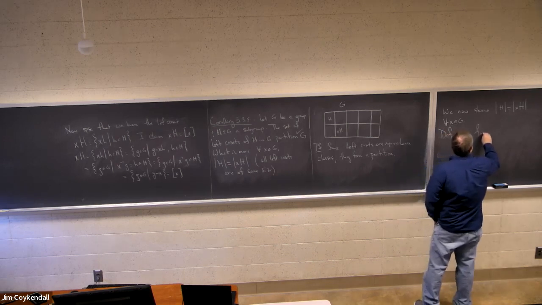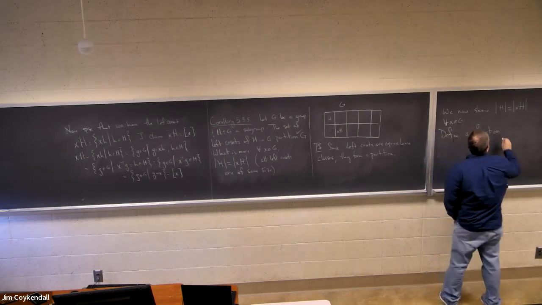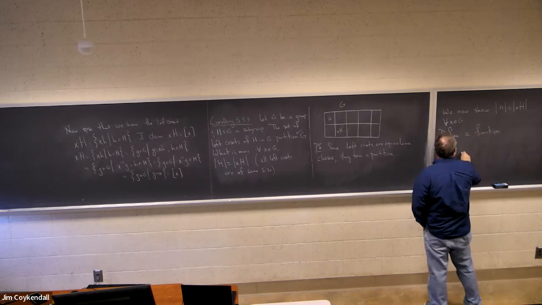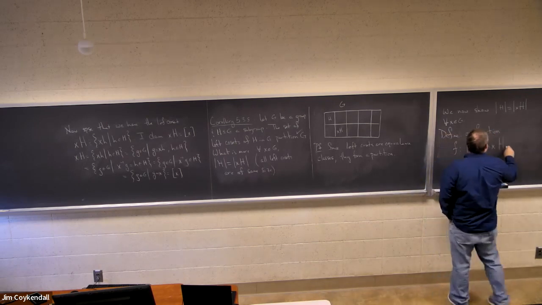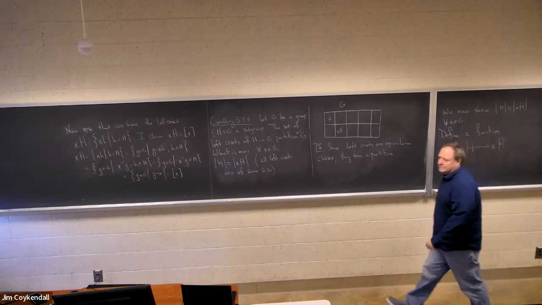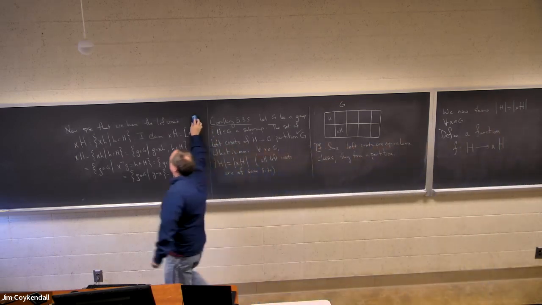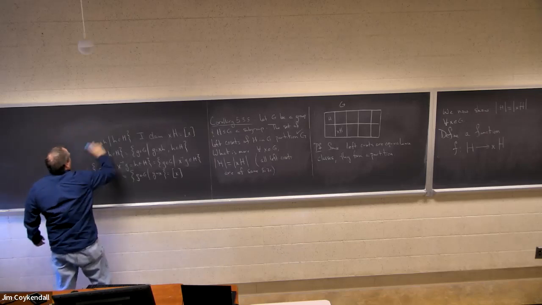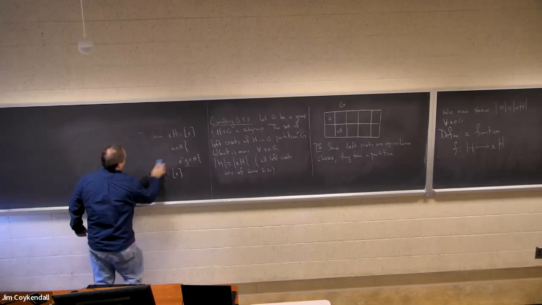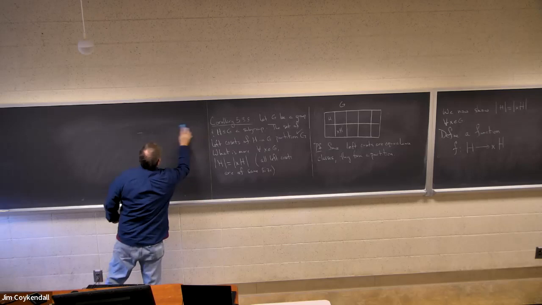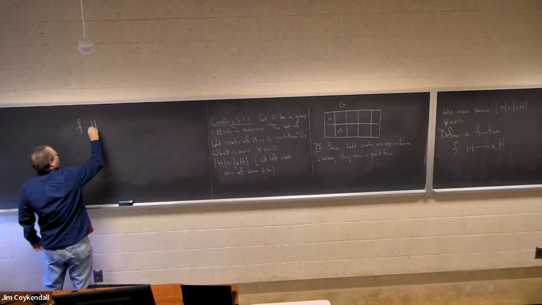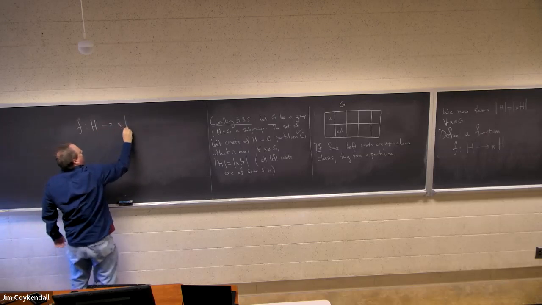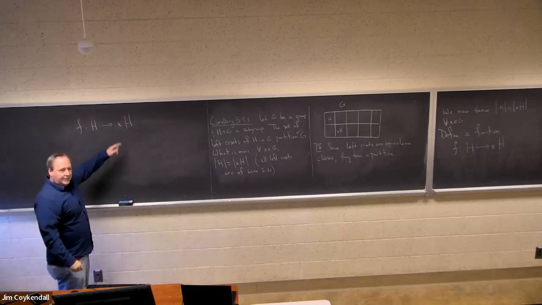So I'm going to define a function f from H into XH. Now remember, this is math, so if it ain't easy, don't do it. So I'm going to define this function from the subgroup H to this left coset.